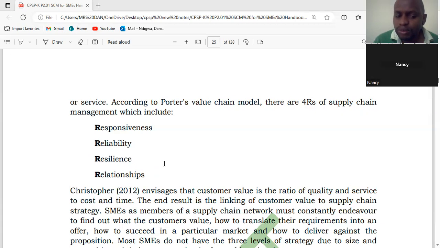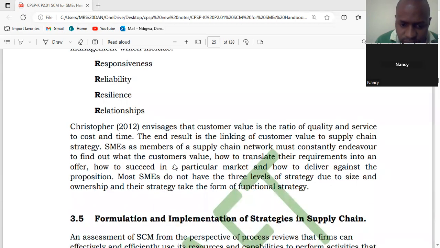These relationships will help you to grow as an organization. Failure to do this means you might end up not being effective in the organization. Then the main focus basically is to create value to customers in the supply chain strategy.